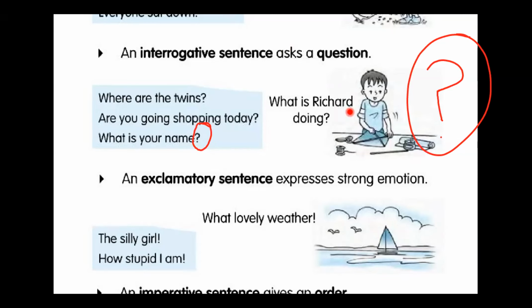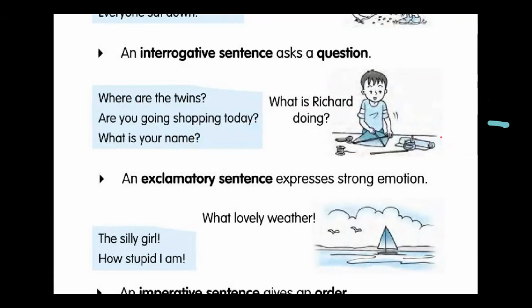Okay, what is Richard doing? Where are the twins? Are you going shopping today? What is your name? Can you tell me some interrogative sentences, please? Try to give me examples where you are asking a question. You are asking a question. Okay, so that is an interrogative sentence. Yes, tell me.